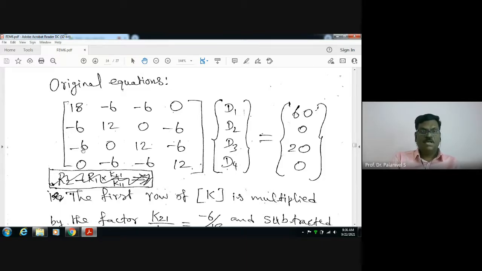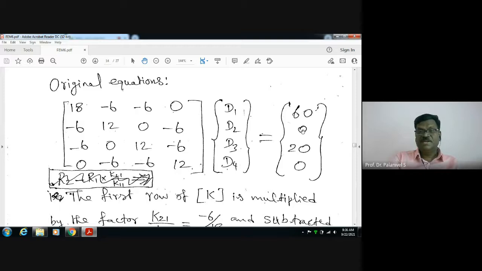Next, I am going to multiply row 1, R1 by a factor K31 divided by K11, and subtract it from row 3, R3. Here I need not do it, already 0 is there. Similarly, I have to multiply Q1 by a factor K21 by K11 and subtract it from Q2.